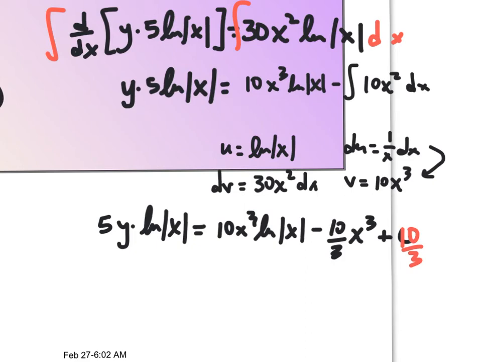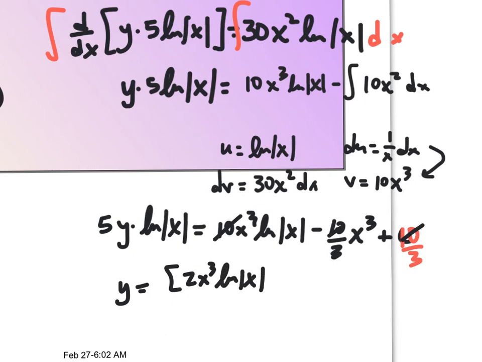Okay, so we've got, this would be 5. Oops. I'm going to divide everything by 5 natural log of x. That's an ugly one. The 5 will cancel everything out here. All these 10s will become 2s. So I'll get 2x cubed natural log of x.